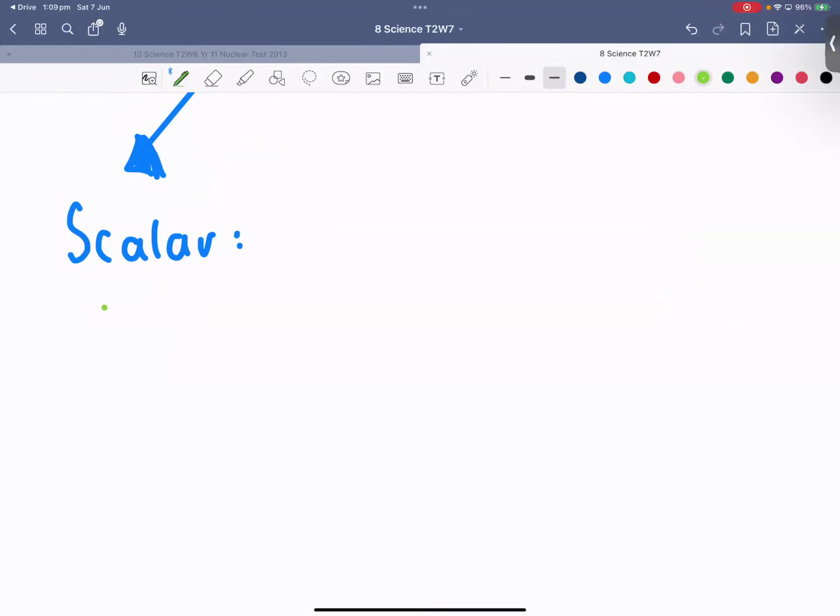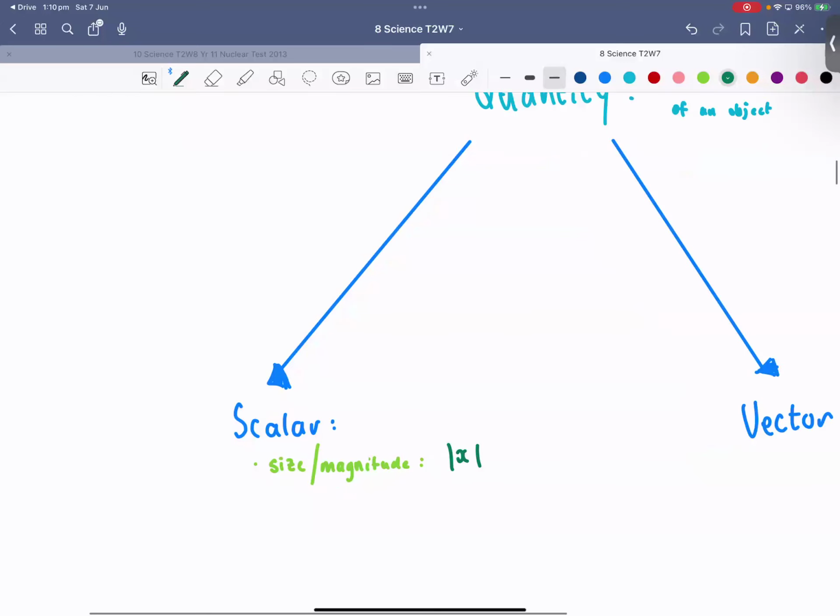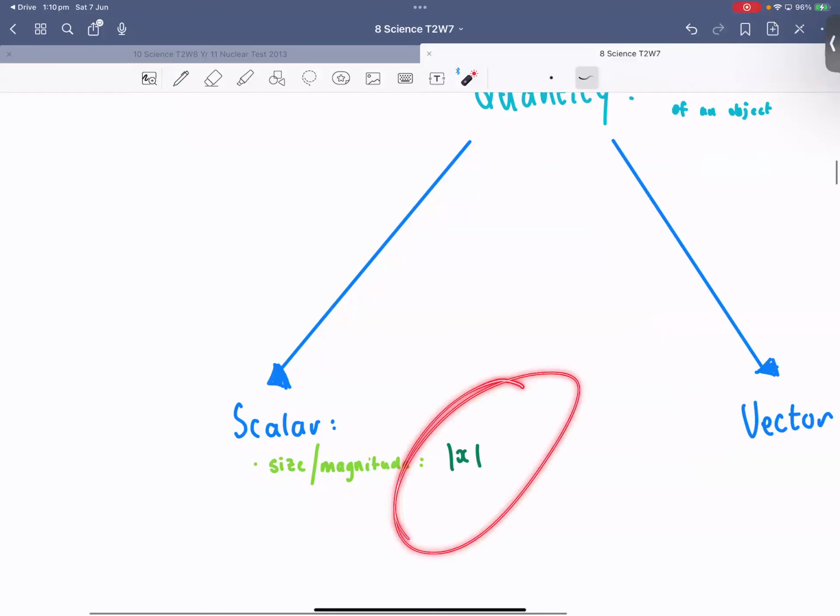Guys, come on, pay attention. Let's say, instead of a better word for size, let's say magnitude. I denote magnitude by putting 2 bars around it. It's like an absolute value in maths.